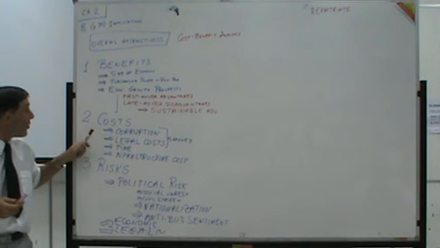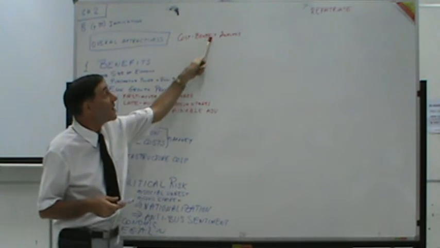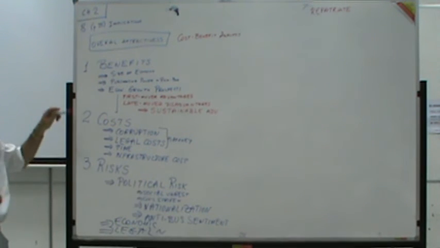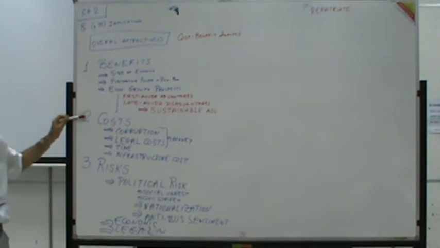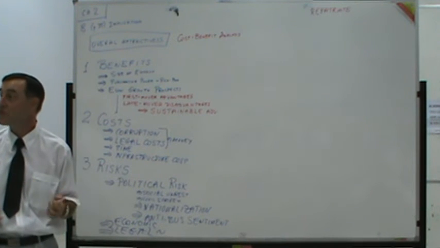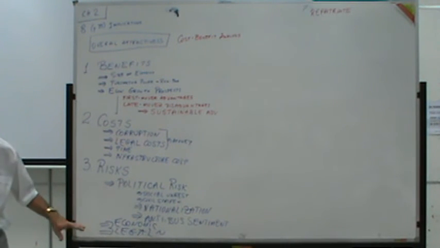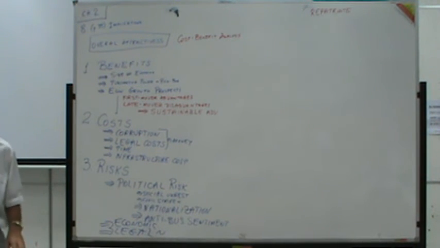So, the point is, when you're doing a cost-benefit analysis, you should be looking at the various benefits. You should also look at the various costs, but you should never forget to look into the different risks. And the less developed the country, the higher the risk. The higher the political risk, the higher the economic risk, and the higher the legal risk.